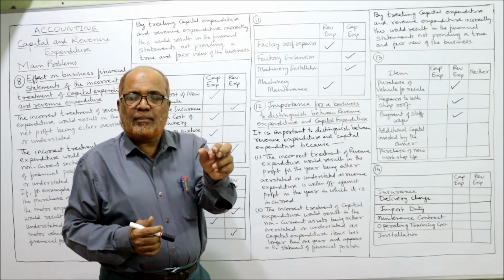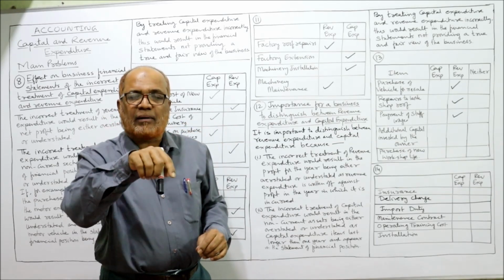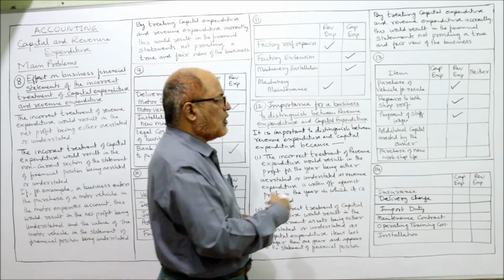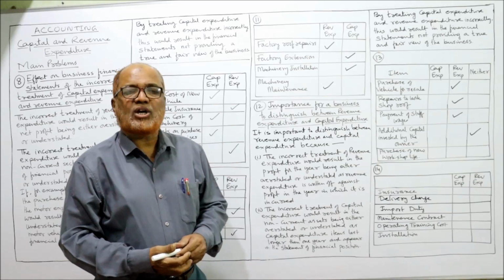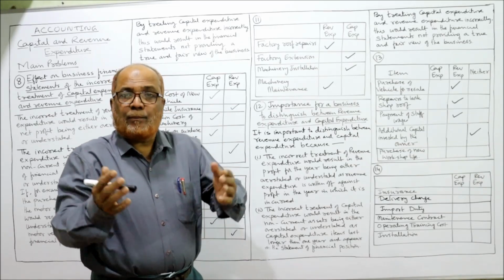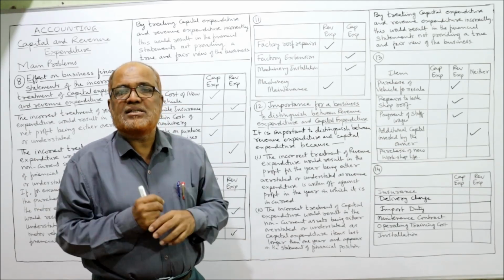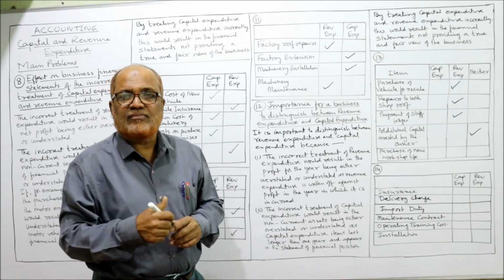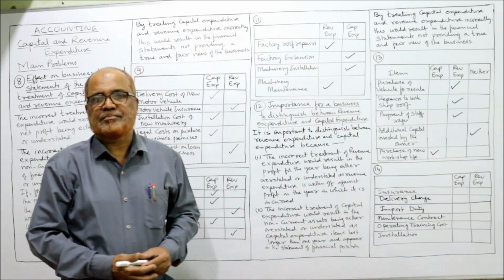So additional amount invested by the owner is a capital receipt. So neither. Last one, purchase of new workshop lift. Purchasing a new workshop lift is a capital expenditure because only once we are incurring the expenditure. So capital expenditure. That's it.